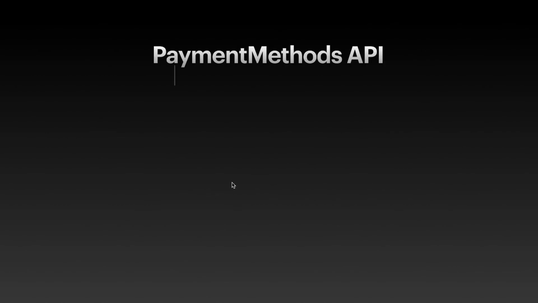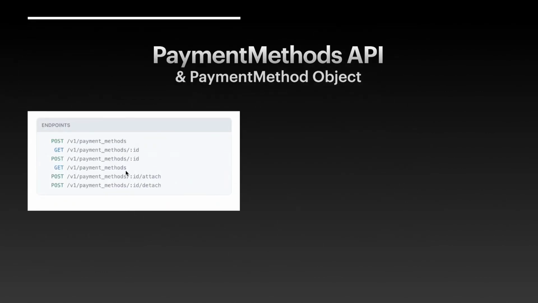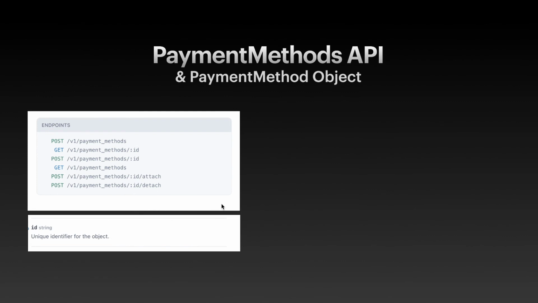Payment Methods API and the payment method object. Here we see the endpoints. Payment methods have an ID that is their unique identifier. For example, it can be a MasterCard, a Visa, or a debit card.